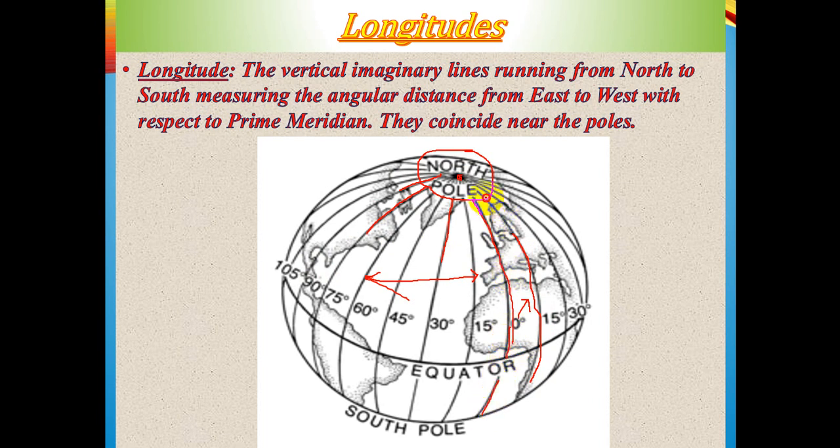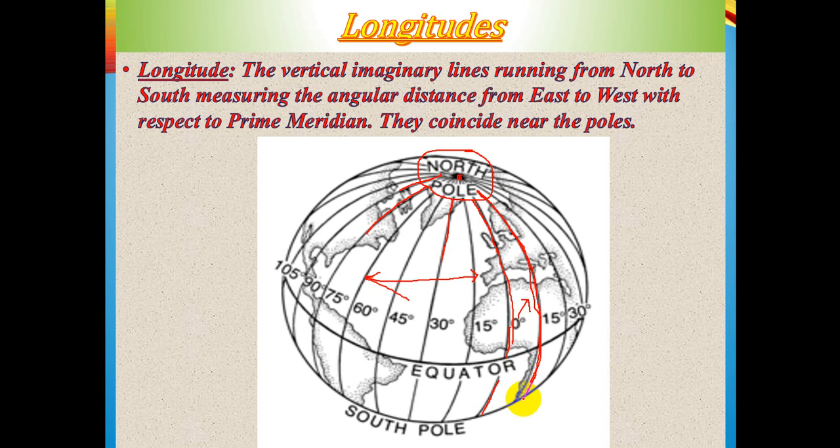Now what do you think, why are these areas being joined by one line? Because the line connects places that have midday at the same particular time. So meridian means midday, places where 12 noon occurs at the same time.